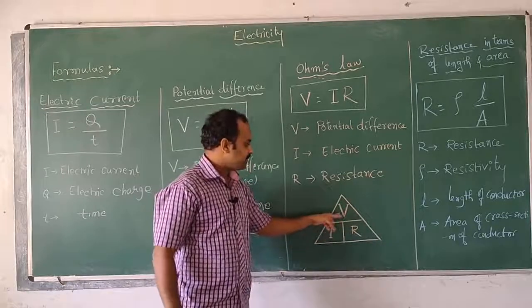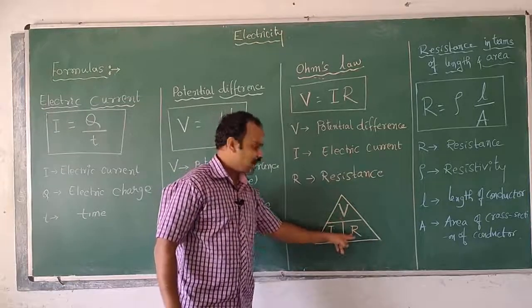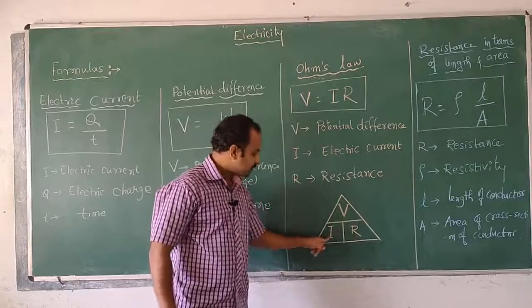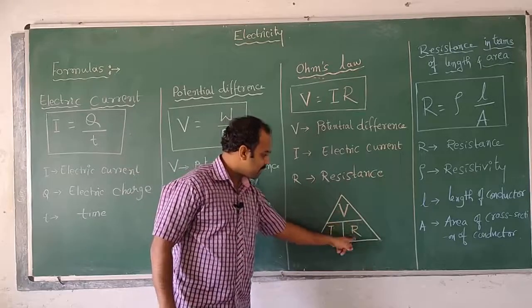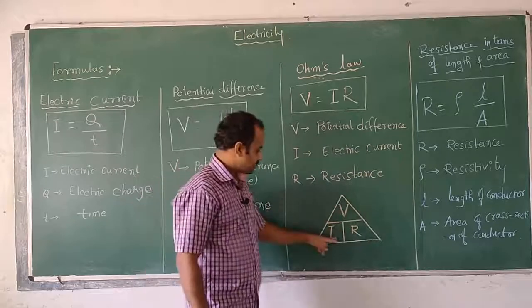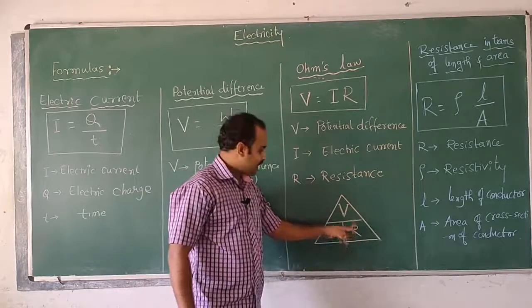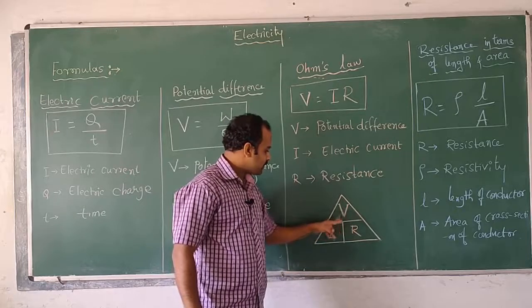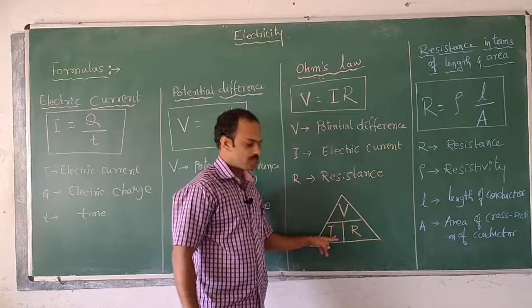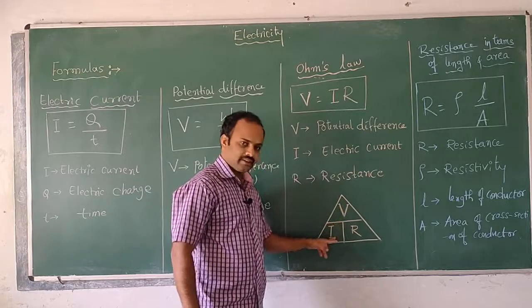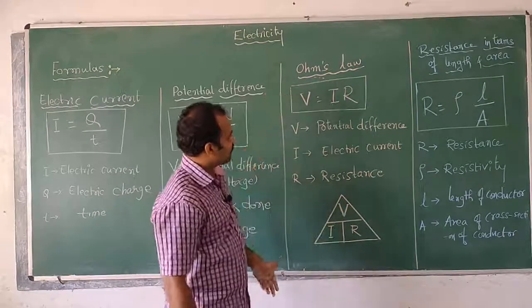That is V is equal to IR, I is equal to V divided by R, and R is equal to V divided by I. We can write Ohm's law in the triangular form.